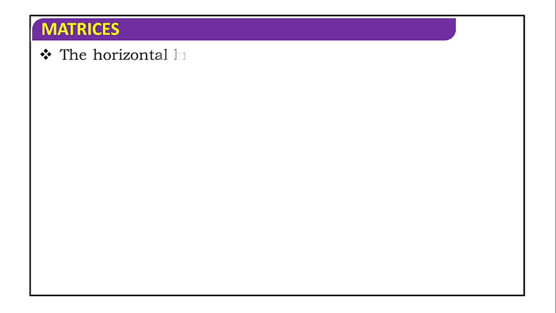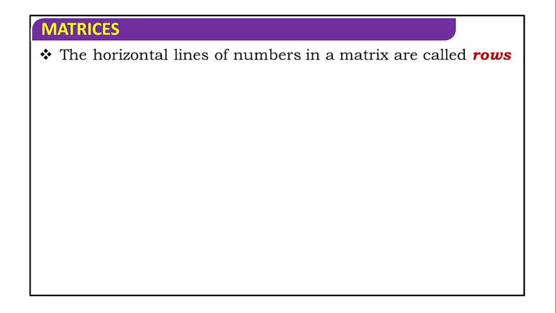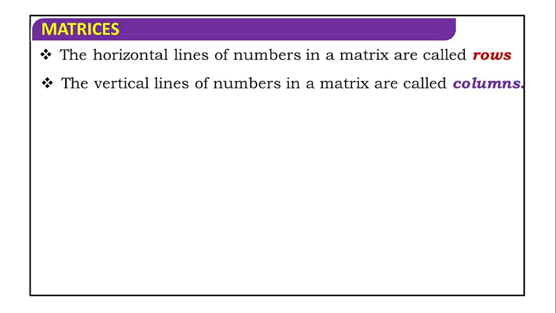Here, the horizontal lines of numbers are called rows of the matrix. The vertical lines of numbers in a matrix are called columns.